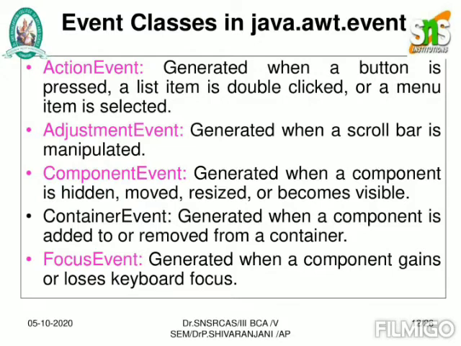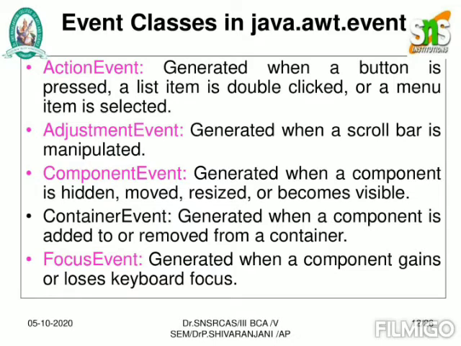Next are the event classes in java.awt.event. Here you have some common event classes which will help you handle events in a successful manner. The first is ActionEvent. It is generated when a button is pressed, a list element is double clicked, or a menu item is selected.